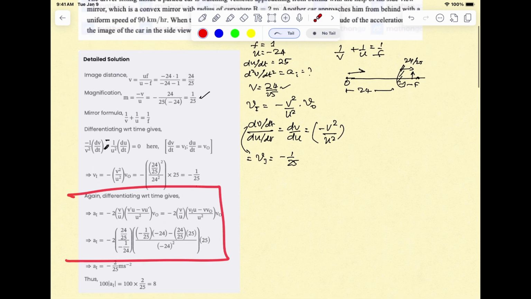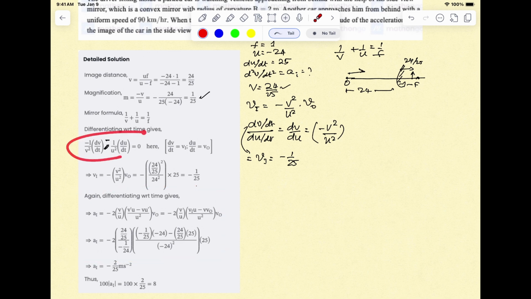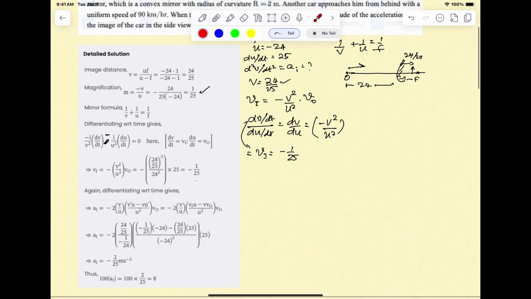As I said, this step also can be avoided because this is a well-known result already. So you already know this particular step as a well-known result. Therefore, I avoid this second time differentiation to get the acceleration by means of a quicker method.